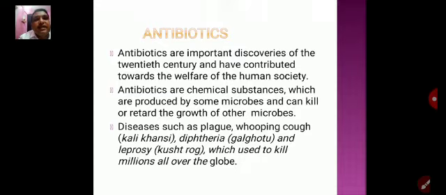Others like tetracycline and chloramphenicol act against a large number of species and hence are called broad spectrum antibiotics. These act against the microbes that cause diseases in human beings, so antibiotics are very useful for human welfare.